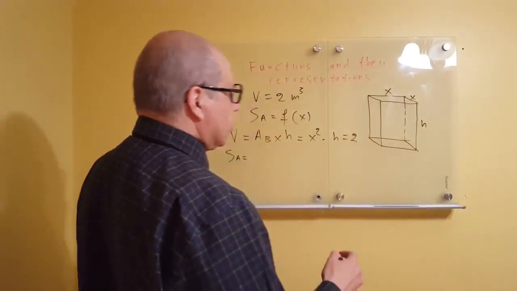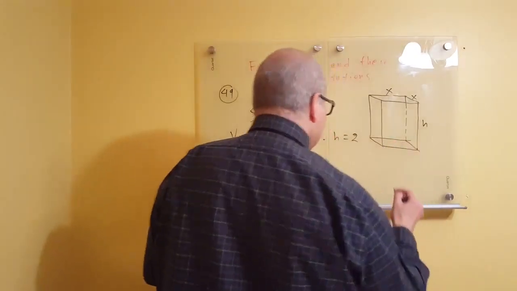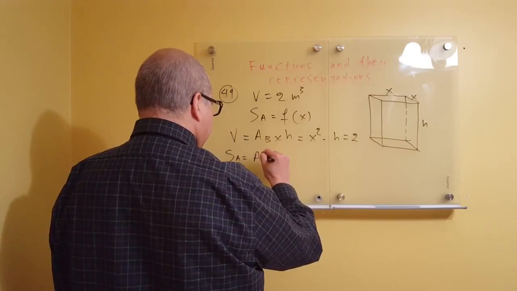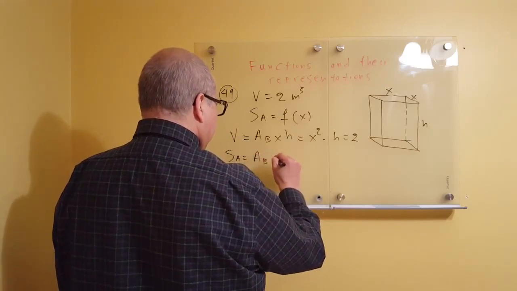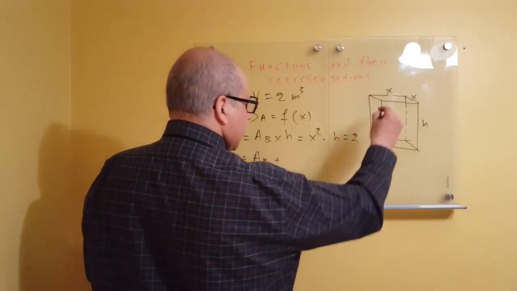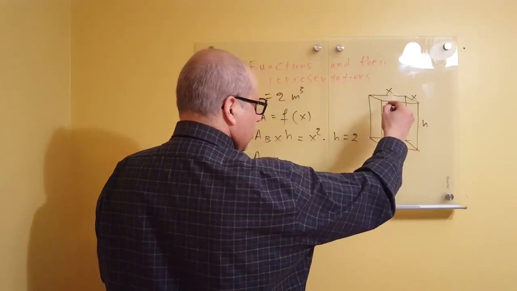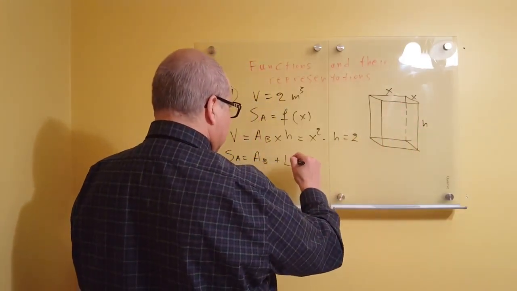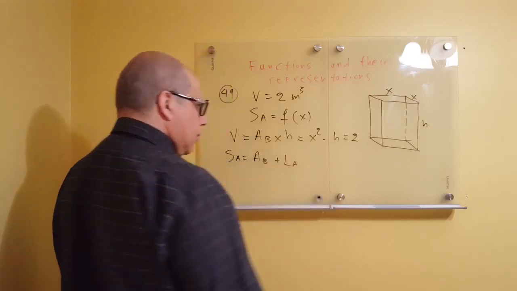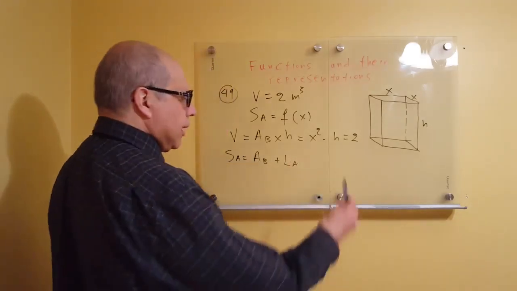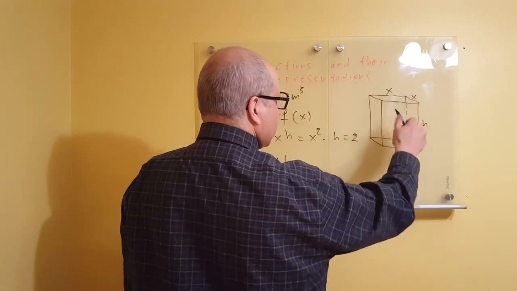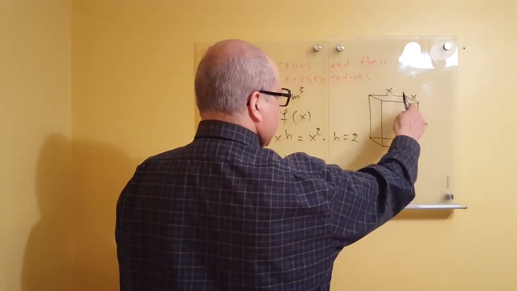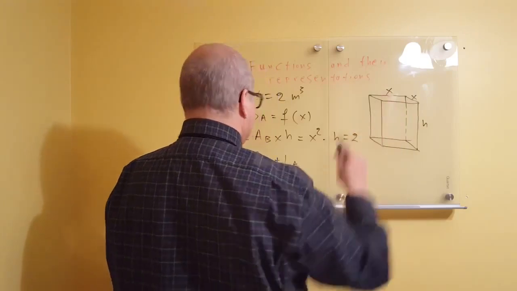So what it includes is the area of a base plus what is around, which we call the lateral area. By lateral area I mean all these four edges, this and this.